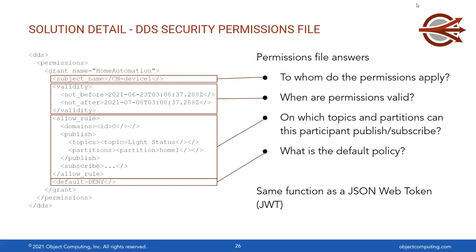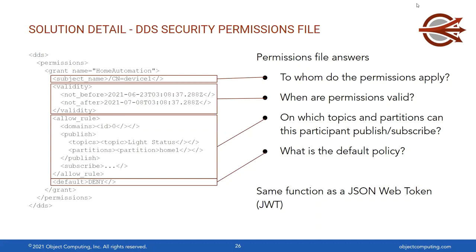They may both have a light status or a light control writer, but they're only going to talk to readers that are in their own home. And partitions allow a way to have the same topic definitions, but separate them. And then finally, what is the default policy for a particular topic? In this particular case, we can say deny.